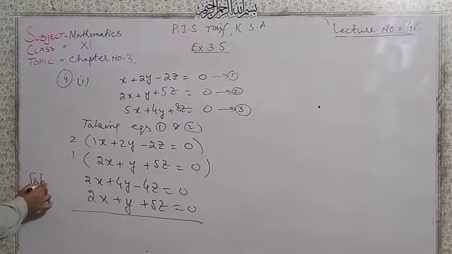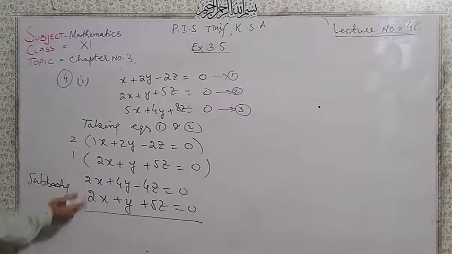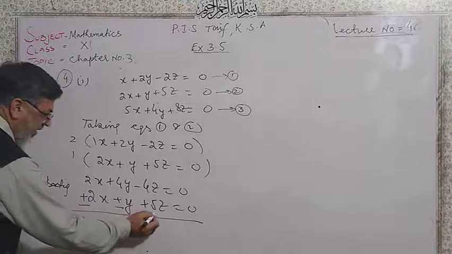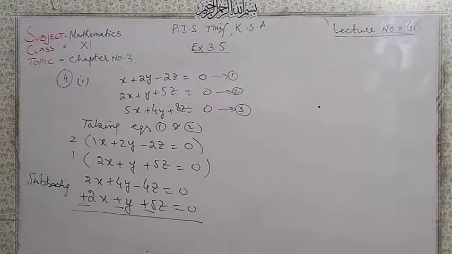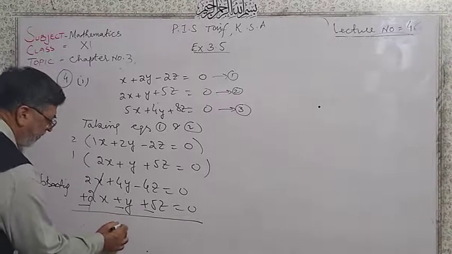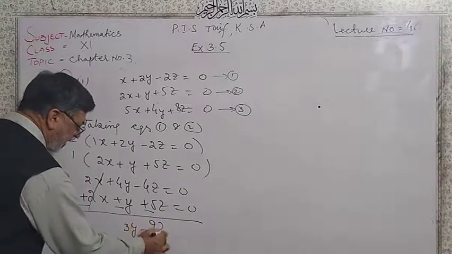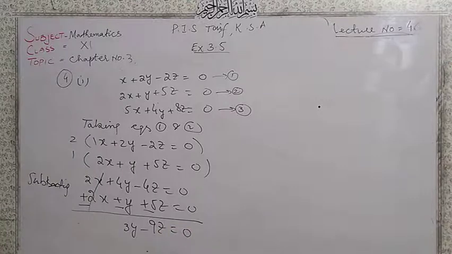Here subtracting, we have 2x, 2x both positive, so change the sign. 2x, 2x cancelled out. We have 3y minus 9z is equal to 0.